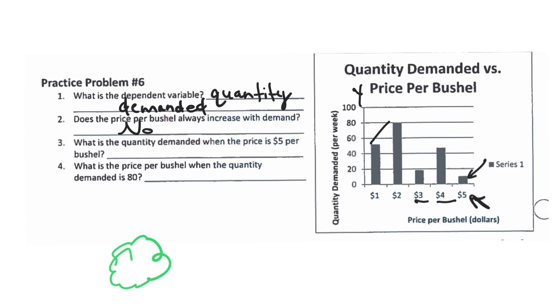Right in between 0 and 20, that would be 10. And what is the price per bushel when the quantity is 80? The price per bushel is $2. So the more bushels they have, overall, the cheaper the price.